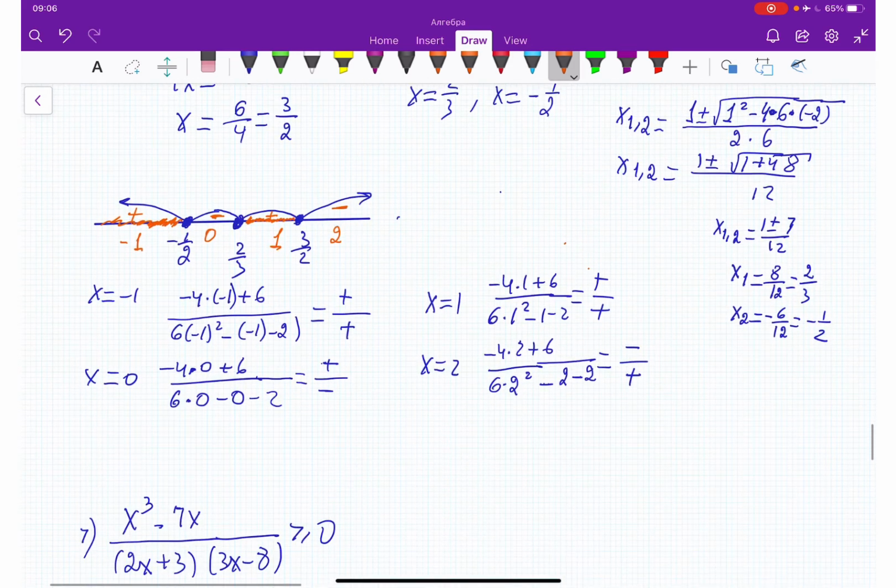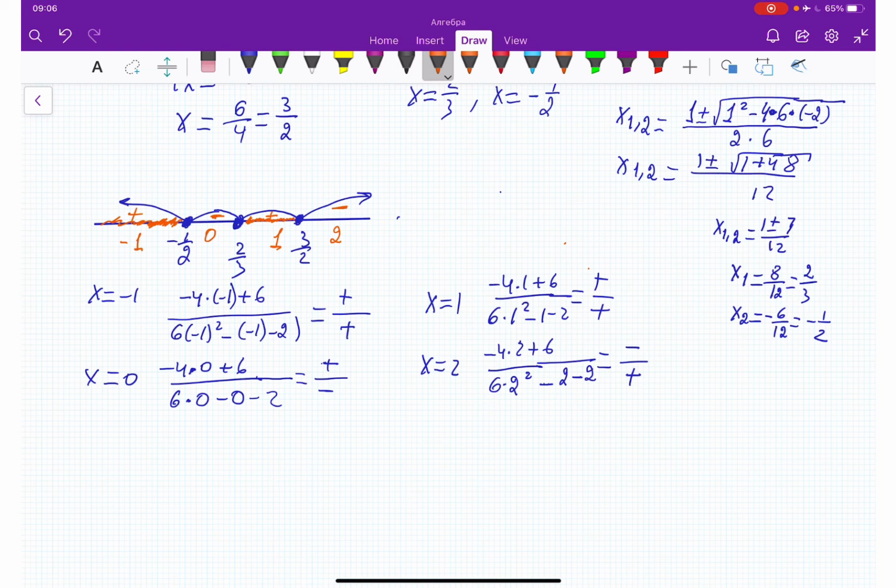So the answer is going to be x is less than -1/2 and x is greater than 2/3 and less than 3/2.